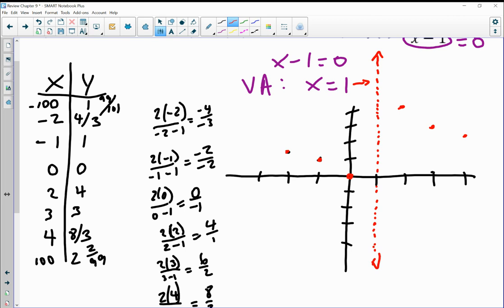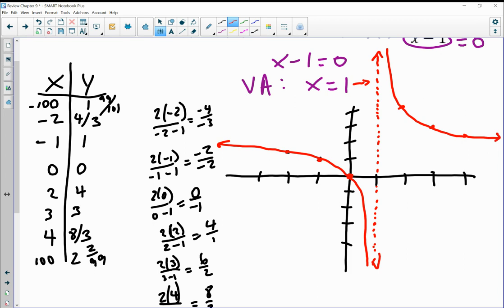So this will go like this. And then going towards the right, as we go towards positive infinity, the function's approaching 2, but from above 2. It's a little bit above 2 there, so it'll approach 2 from the top.